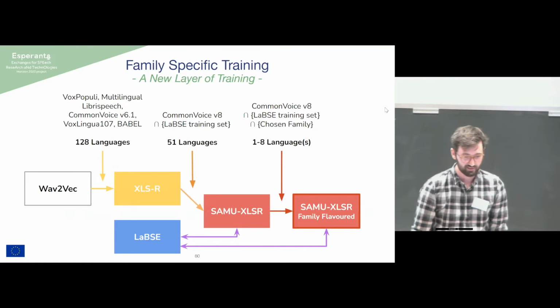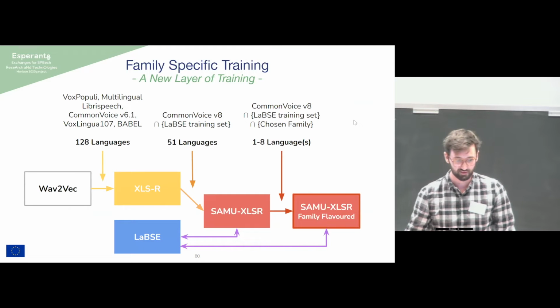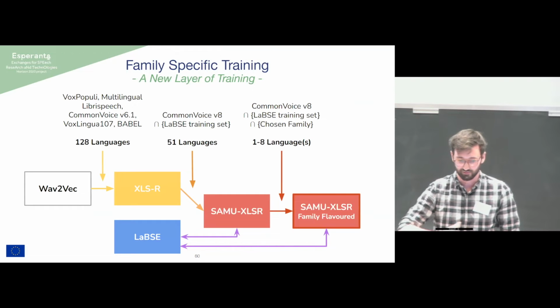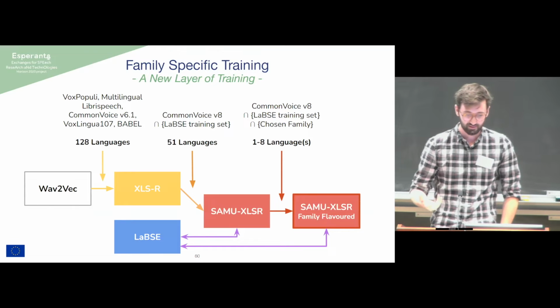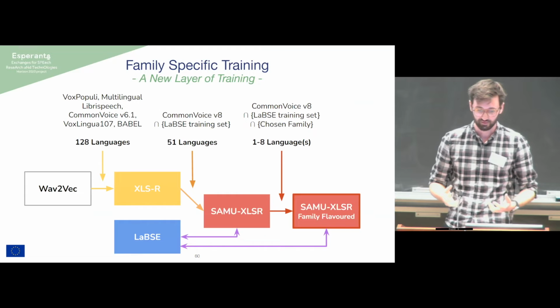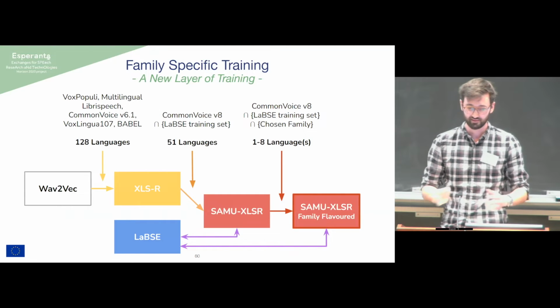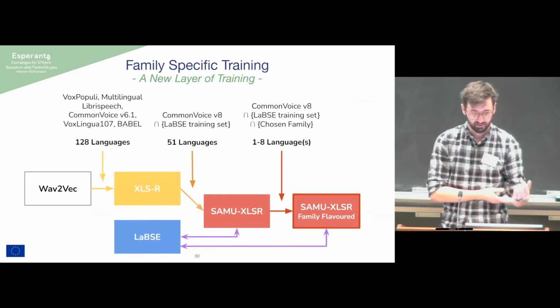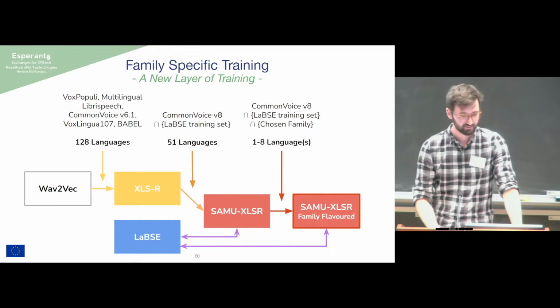So what did we do exactly? XLSR is a wav2vec architecture that has been trained on a lot of languages, which gives us an XLSR-based model. That model has been trained on a much more restricted set of languages: the ones that were common between Common Voice 8 and the LAPC training set. The languages are common, not the data; LAPC is text.